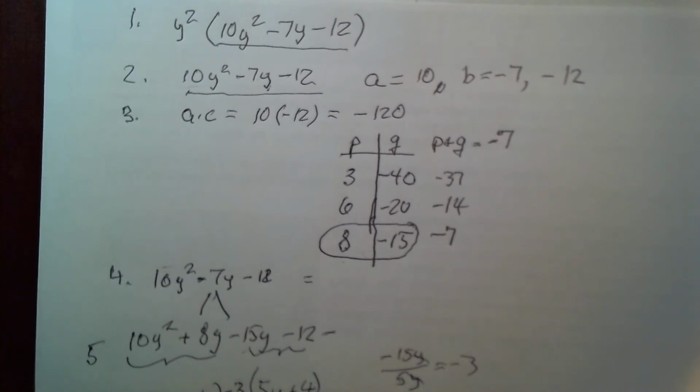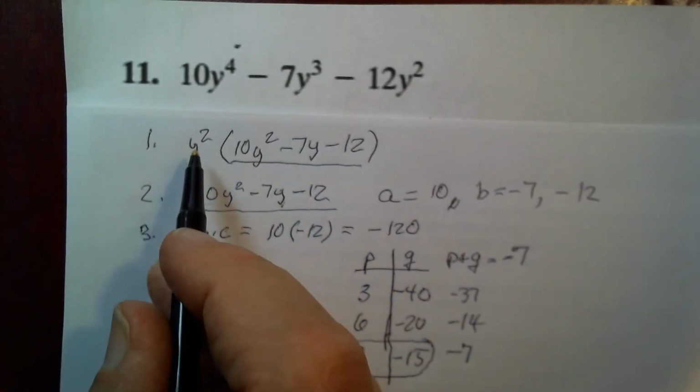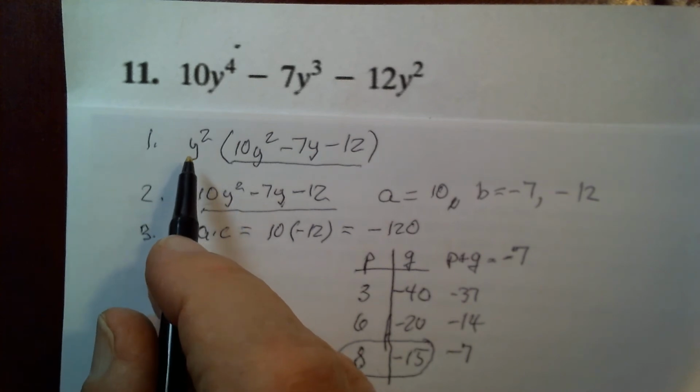So now we can factor by grouping in the sense that our greatest common factor is 5y plus 4. And then for the other parentheses, again multiplication here, is 2y minus 3. And then for the complete answer, remember that we factored out originally a greatest common factor of y squared.